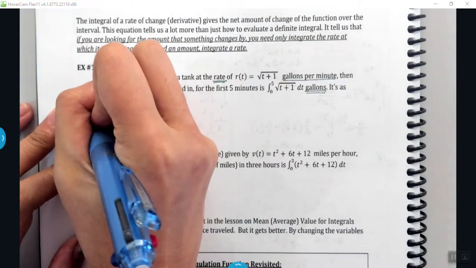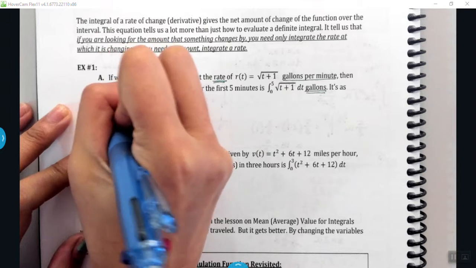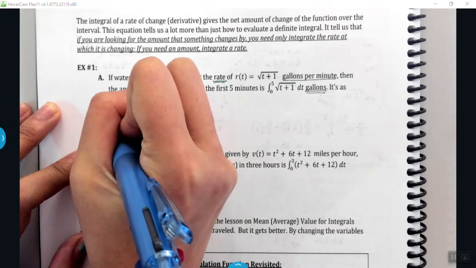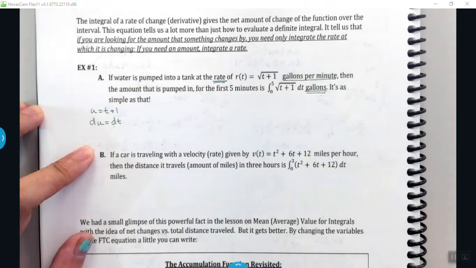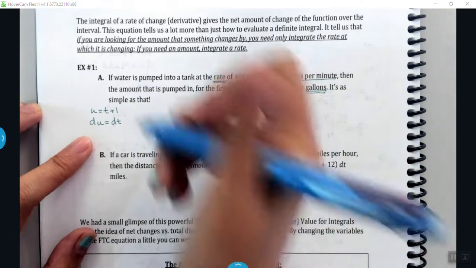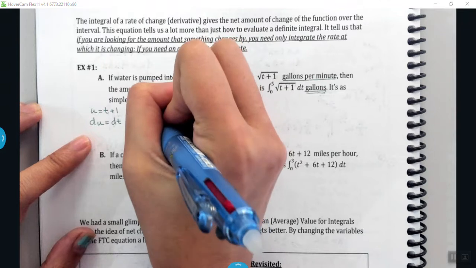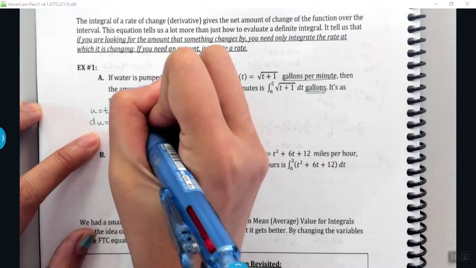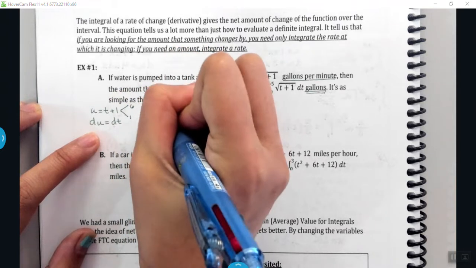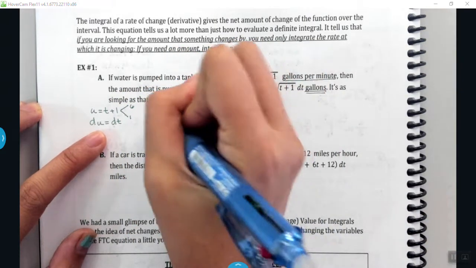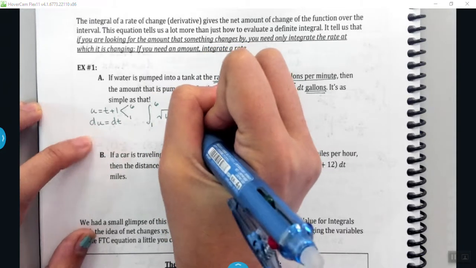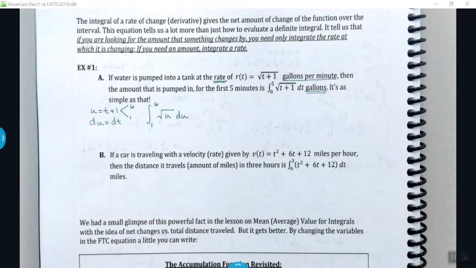Let's do u-sub for t plus 1. du is just dt, so we don't really have to do much to integrate. We're just going to go from 1 to 6 this time, and then square root u, and then du. So it's an easy integral.